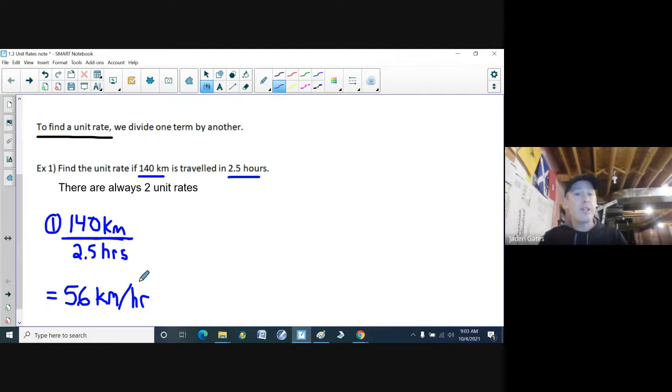Now this is a more common unit rate, but again, there's always two unit rates because when you are dividing one term by another, you're not saying which is divided by which. So I could take my 2.5 hours and divide it by the 140 kilometers.